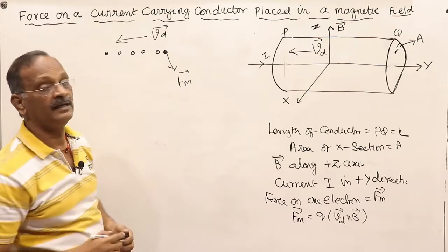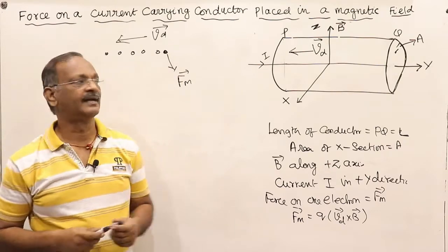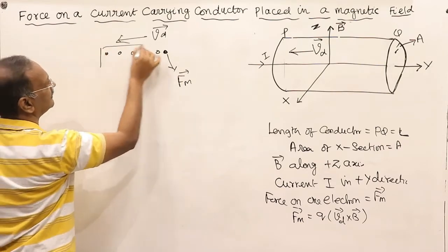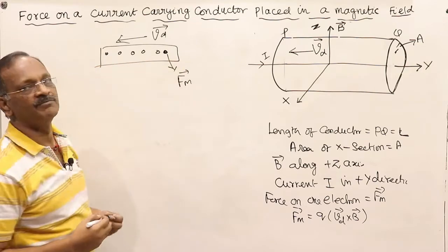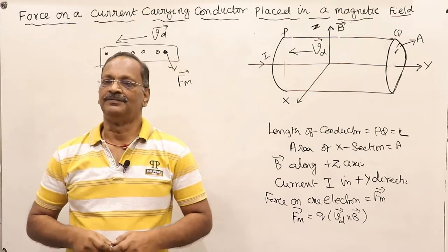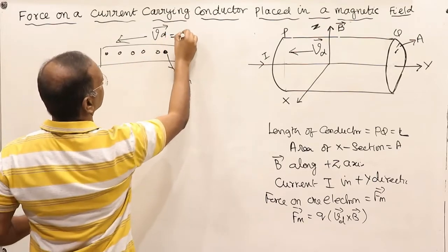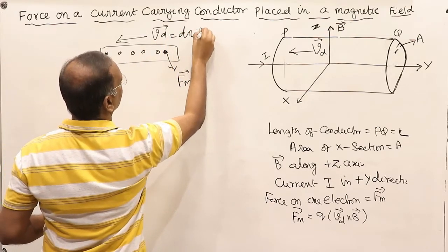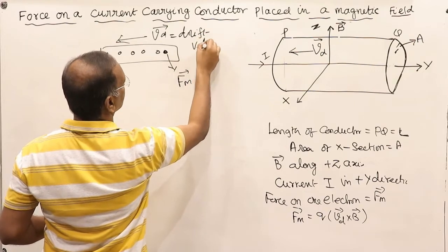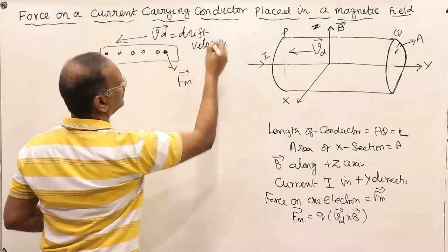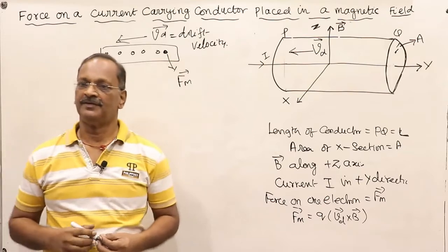There will be n number of electrons in a conductor. Vd is equal to drift velocity.